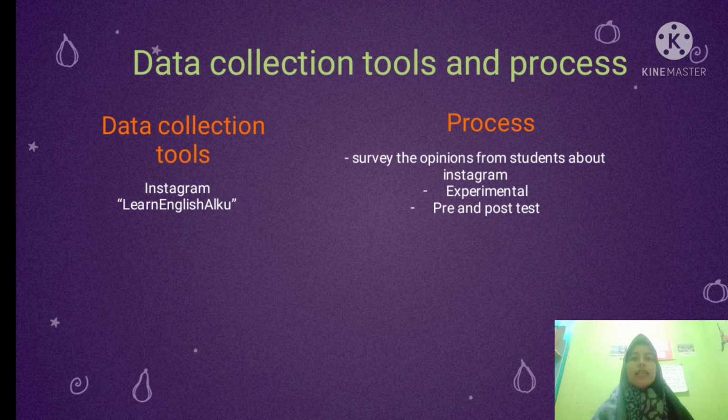And then data collection tools and process. The survey part of the study was completed by gathering the data regarding the students' opinions about Instagram used for educational and language learning purposes.